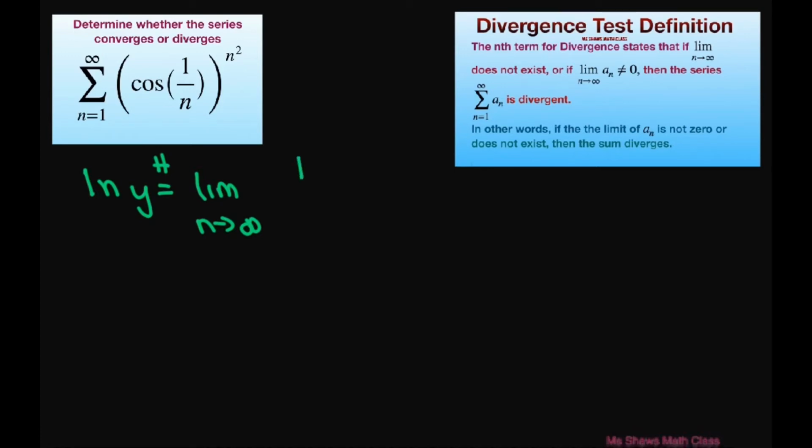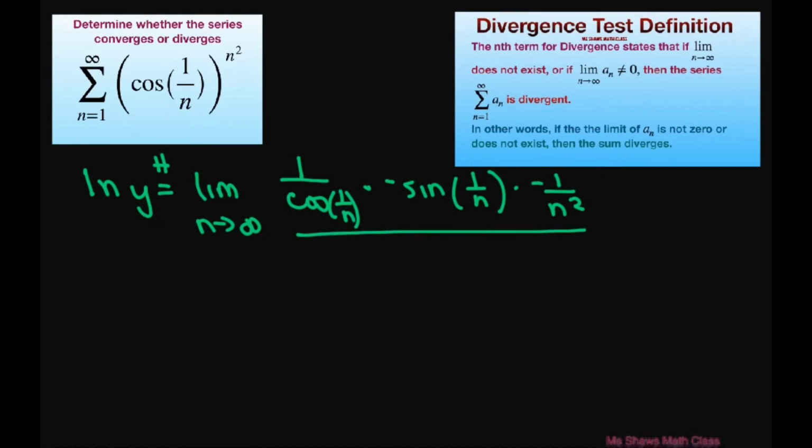That's going to give me 1 divided by cosine of 1 divided by n times the derivative of cosine, which is going to be negative sine of 1 divided by n, times the derivative of 1 divided by n, which is negative 1 divided by n squared. That's your numerator. Your denominator is going to end up being negative 2 divided by n cubed.